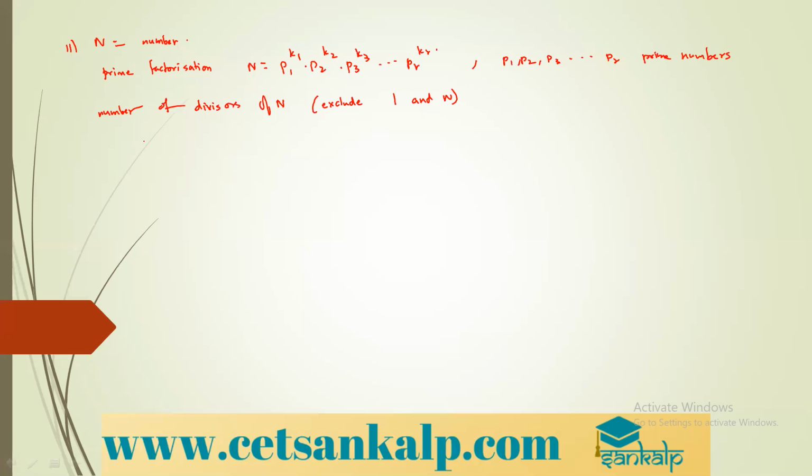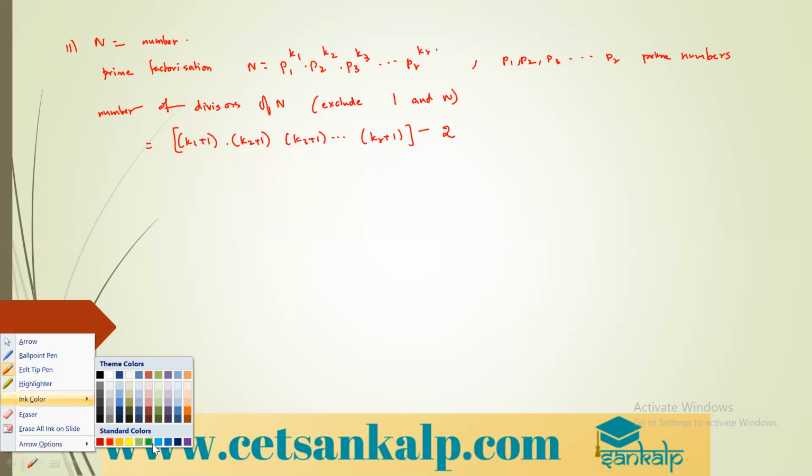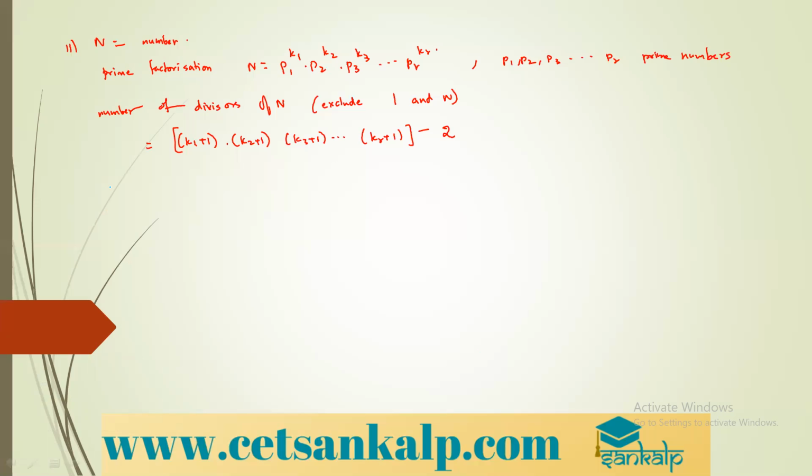So the formula will be the same I told you: k1 plus 1 into k2 plus 1 into k3 plus 1, like that into kr plus 1. But after doing all these, I will subtract two divisors, the number 1 and the number itself. I won't take much time on this. That's why I have taken this formula.